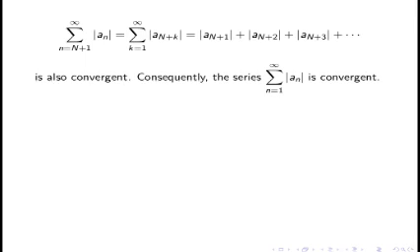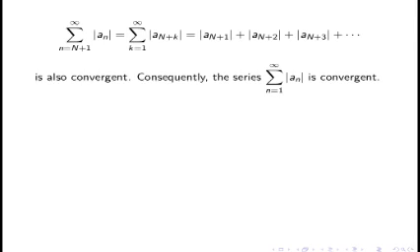But the series from 1 to infinity of the absolute value of a_n must also converge. Why? Because the series we started with, the one that goes from capital N plus 1 to infinity, is the same series as the one we're looking at now, the one that starts from 1, except for a finite number of terms, N terms, in fact.